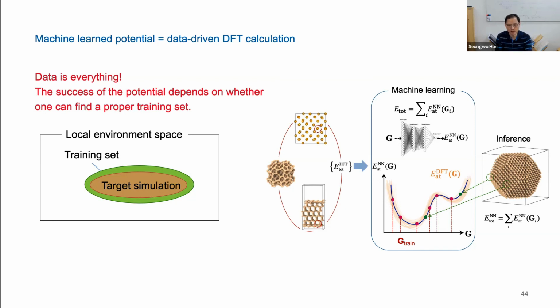So this is one of the key points in developing the machine learning potential. But here you do not need huge expertise like in developing the classical potential, just the physical or chemical intuition about your material system is enough to make the training set.